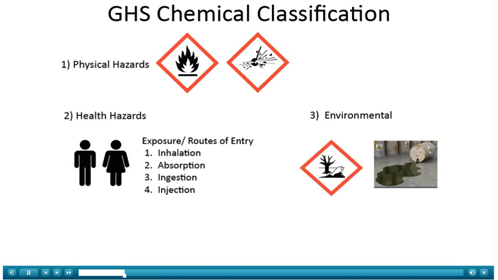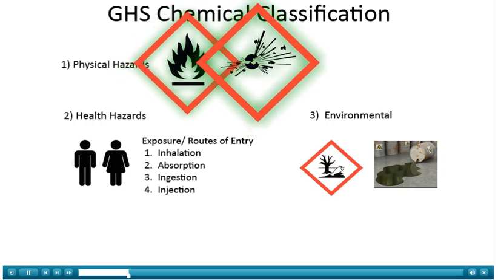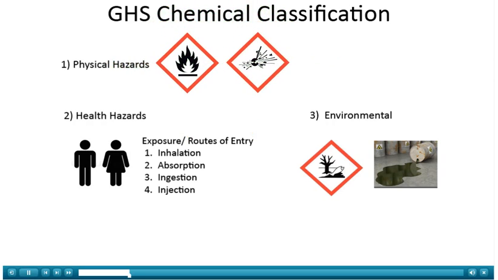Number 1, physical hazards. Think of it as any hazardous chemical, substance or mixture, likely or capable of causing outward physical danger or harm. Examples are flammables or explosives. Number 2, health hazards.